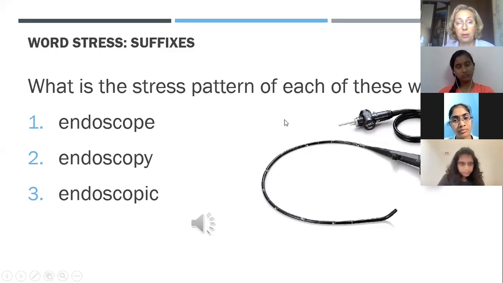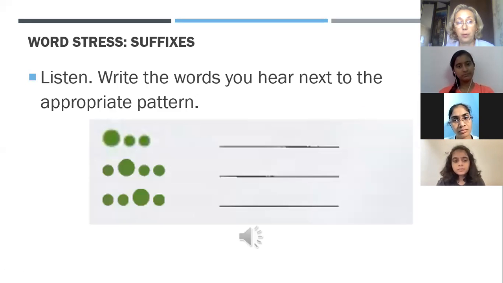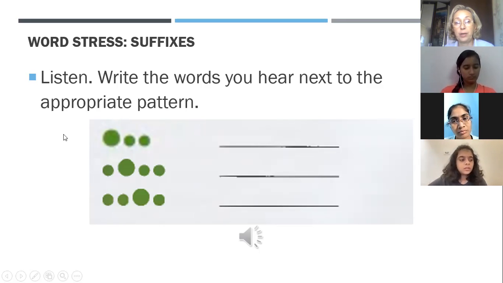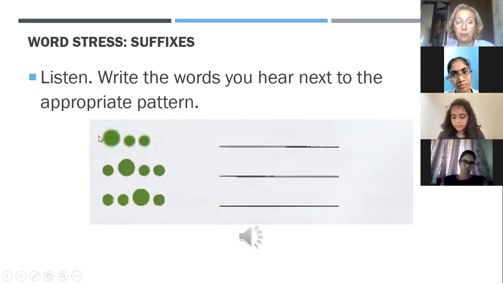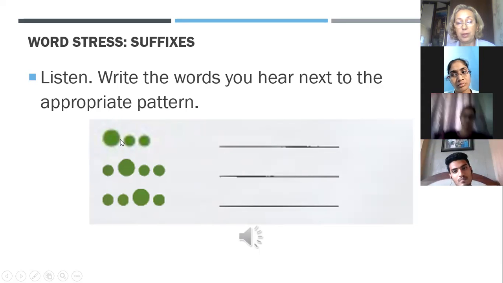If we move to the next slide, we're going to listen to 7 words, and we should write the words next to the appropriate stress pattern. We have 3 stress patterns. The first diagram shows a word with 3 syllables, where the first syllable is stressed, the bigger circle.